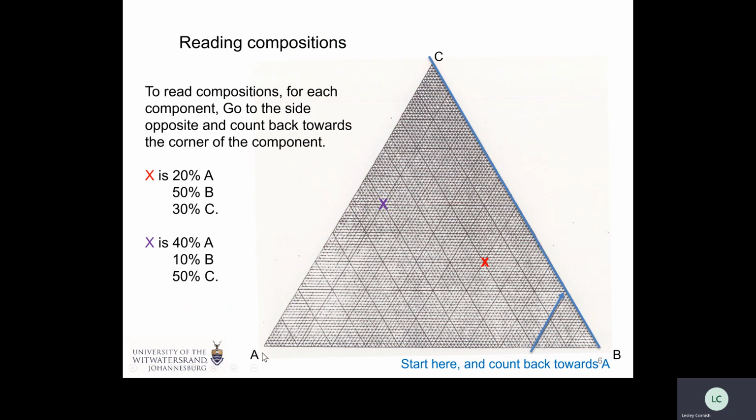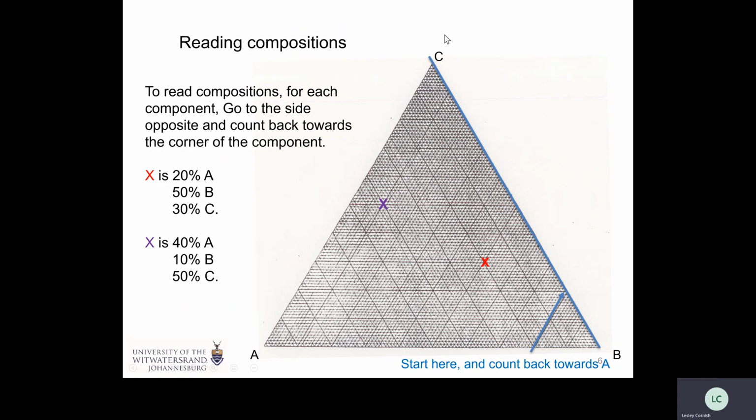And how do you read this thing? Well, you start off with the element that you're interested in, you go to the other side, and then you count back towards it. So this is 20% A, and you go to the other side for B, and you count up 10, 20, 30, 40, 50, 50% B. Now you could add up your A and B and take that away from 100, and you'd know that it's 30% C. But I always like to check, because sometimes you make a silly mistake and then you can waste time trying to sort it out.